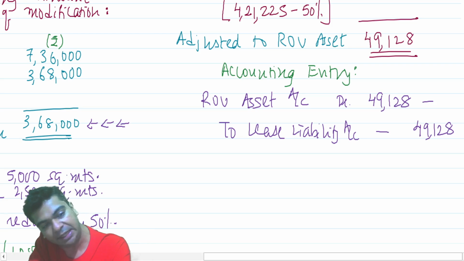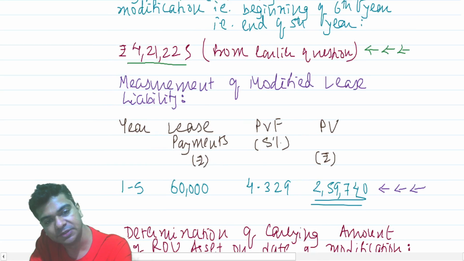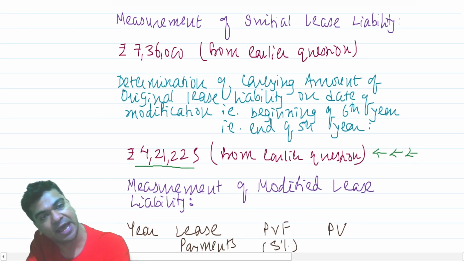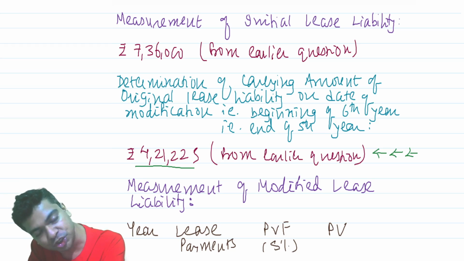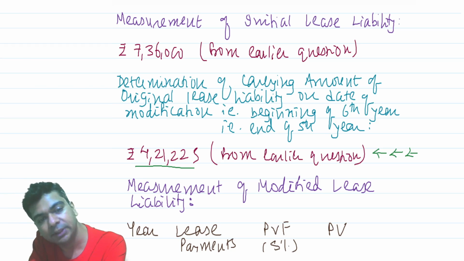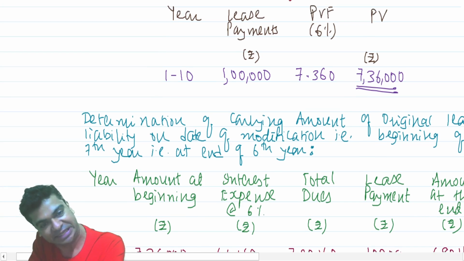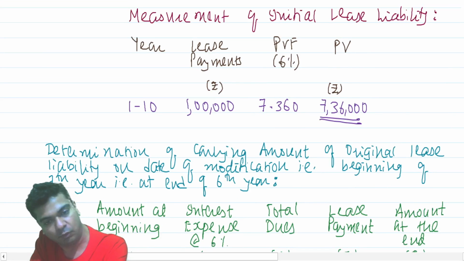So what we had done in the earlier question is, here it is, the answer for the earlier question. We had picked up the initial lease liability as 7,36,000. Of course, that 7,36,000 was also from one of the earlier questions. Or if you want the original earlier question, then here it is. 10 years, 1 lakh, 6%, 7,36,000.